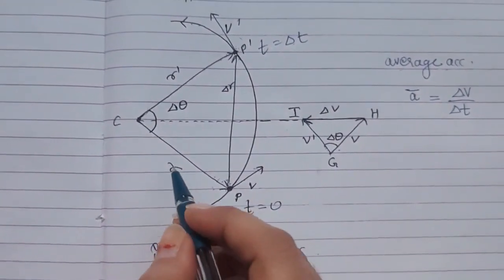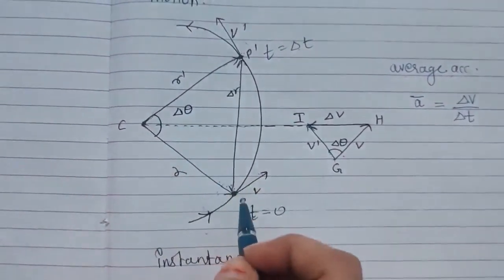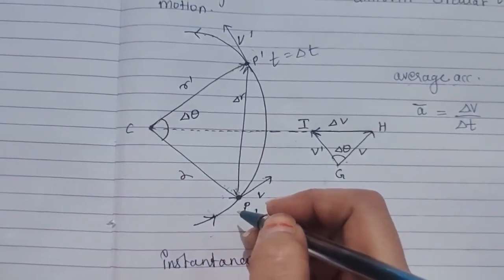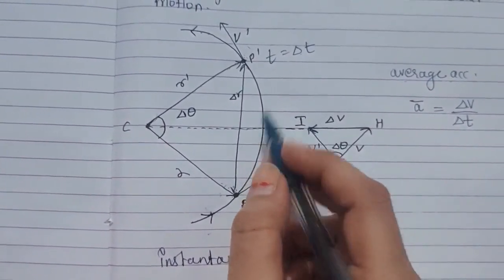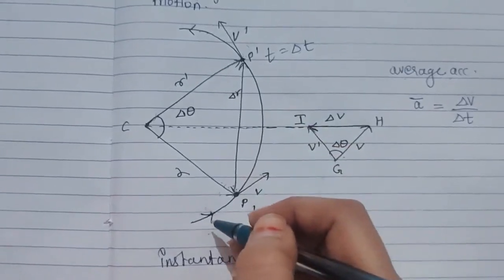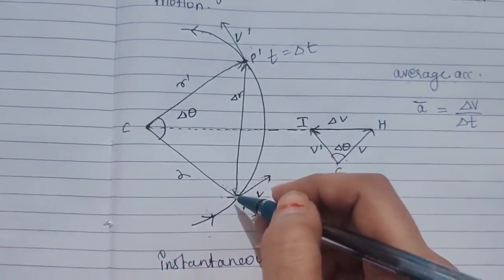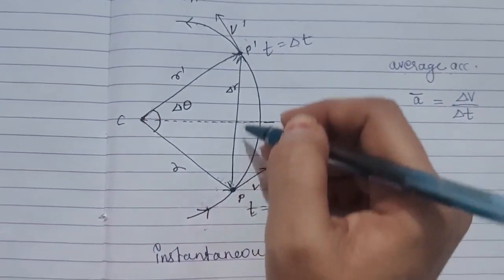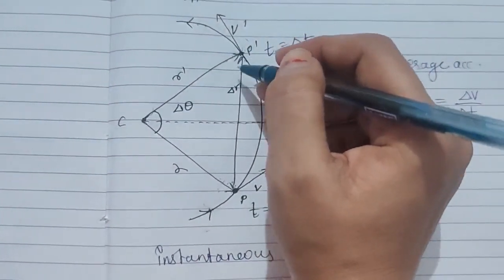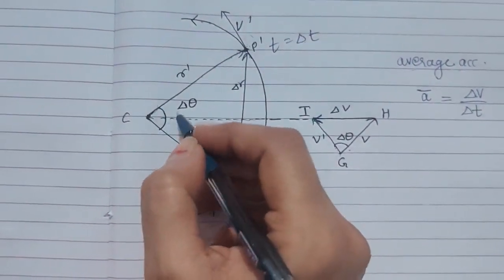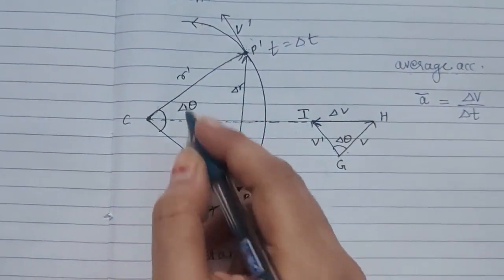R and R dash are the two position vectors. When we want to draw delta R, we can do the vector sum over here. As the direction of motion is from P to P dash, we have to draw delta R in this direction only. Let's say delta theta is the angle between R and R dash.